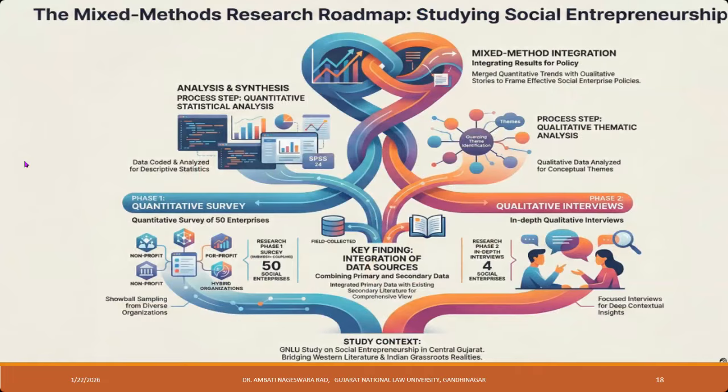First I collected data from 50 social enterprises with the help of a survey. As part of this survey, I understood how these social enterprises are working: which sectors they work in, when they started, what kind of business models and legal entities they have, like for profit, not for profit, hybrid organizations, where they are located, whether they work at a local, regional, national, or international level, whether they work with goals 1 to 17, and how many sustainable development goals are covered.